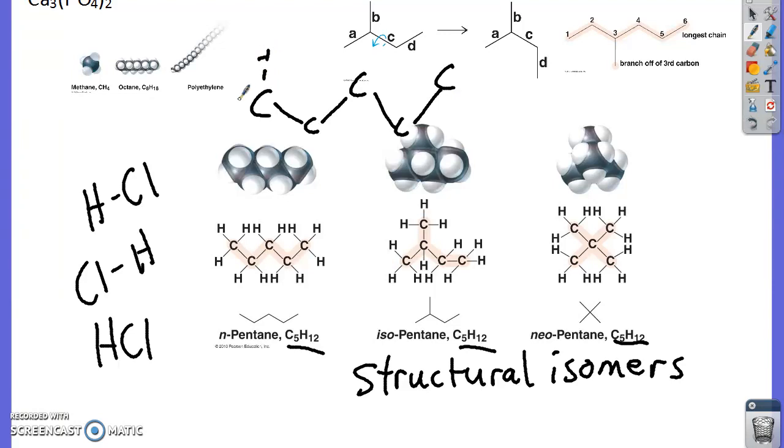Or sometimes we do it even simpler, and we just do it like this. 1, 2, 3, 4, 5. At the end of each line, there's a carbon and the hydrogen stuck to it. So you may see that at some time.